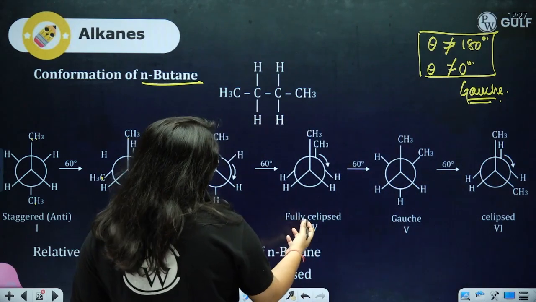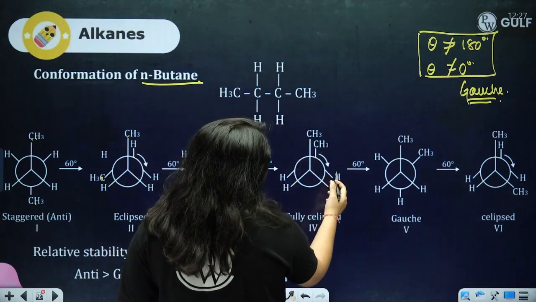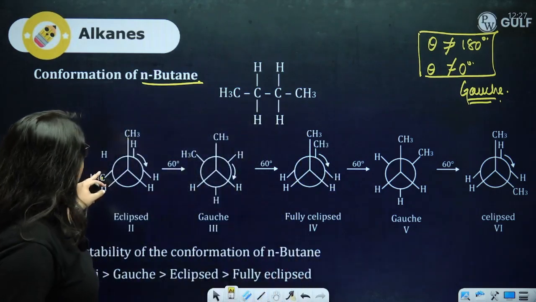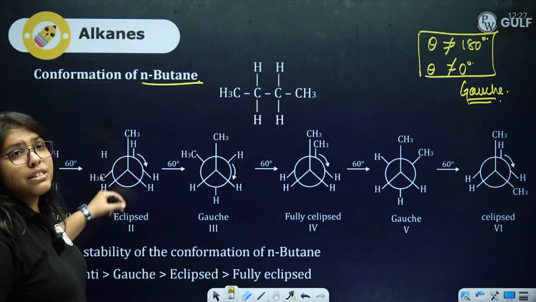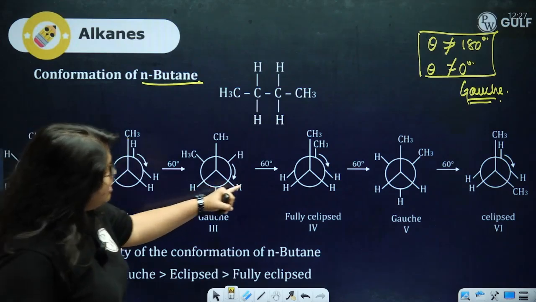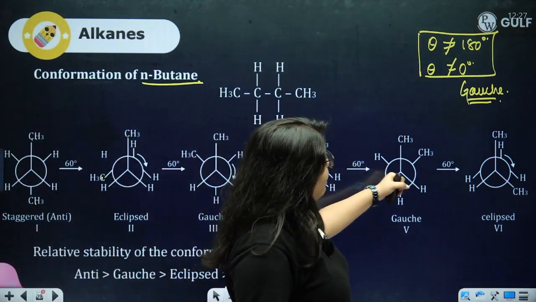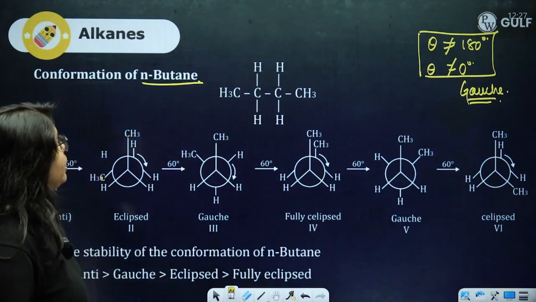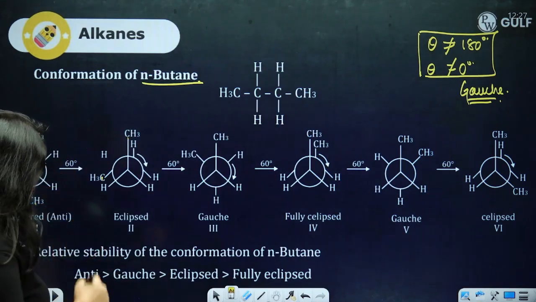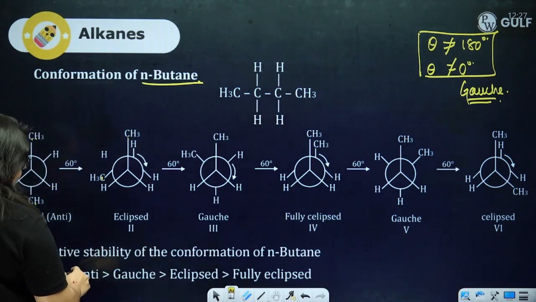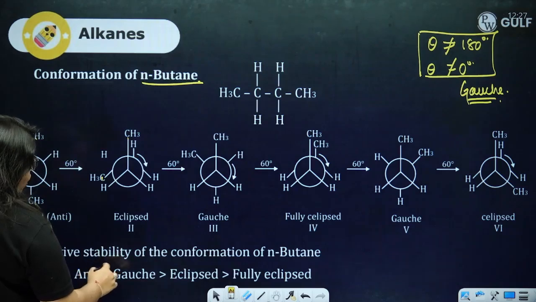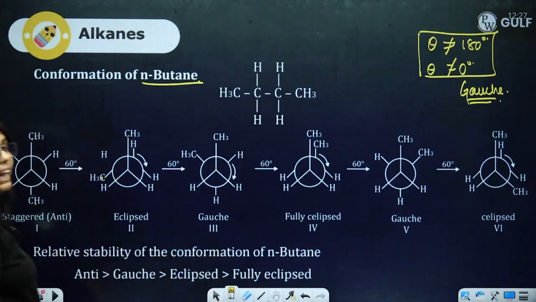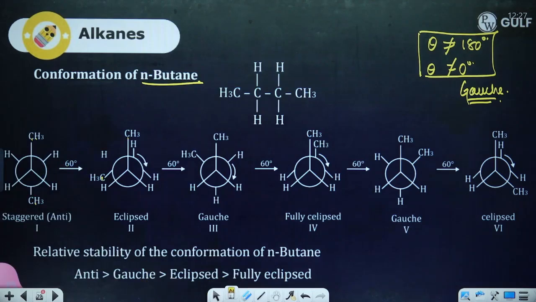Then you have fully eclipsed, CH3 with CH3, H with H. Here it is eclipsed because CH3 is not with CH3, CH3 is with hydrogen. But here CH3 is with CH3, fully eclipsed. Then again gauche, then again eclipsed. Okay, so in this case, what you need to understand, if you have to know about the stability, is that anti, that is staggered, is more stable than gauche. Gauche is more stable than eclipsed, and eclipsed is more stable than fully eclipsed. I hope this is clear, beta.